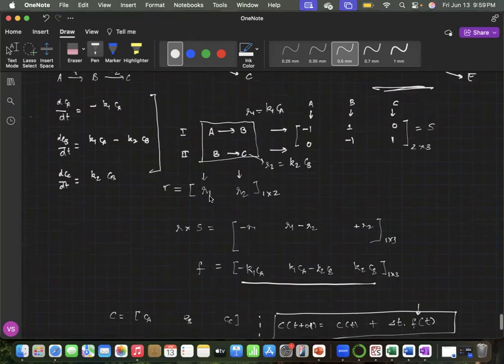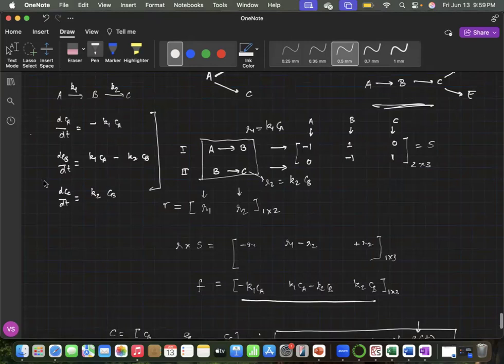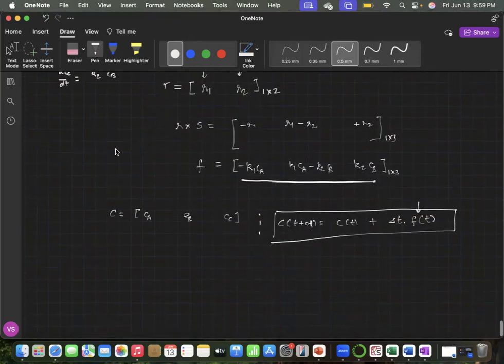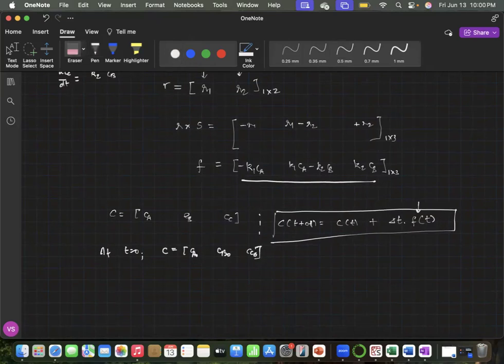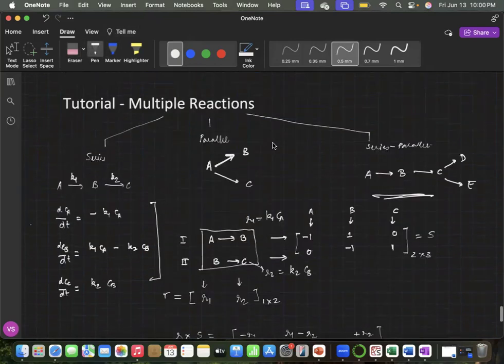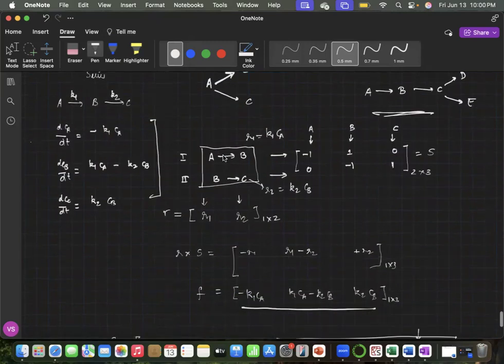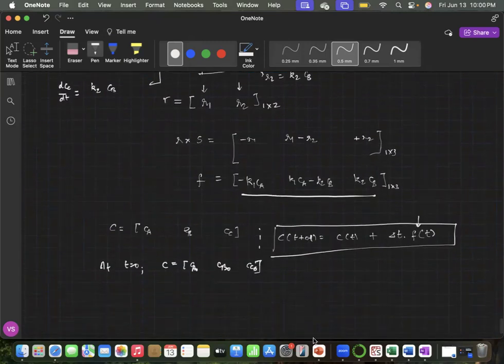And once again, you need one initial condition for each of these concentrations. So at t equals 0, the concentration vector becomes Ca naught, Cb naught, and Cc naught, right? That's all that you need. And now you can solve any kind of complicated multiple reaction system using Python.